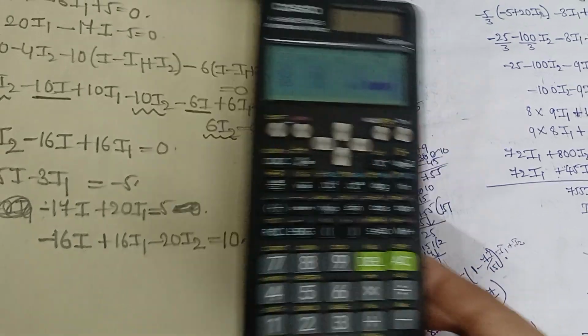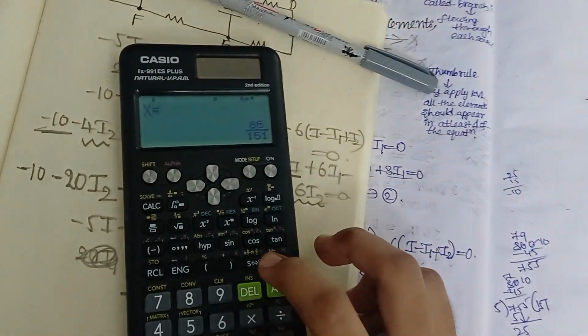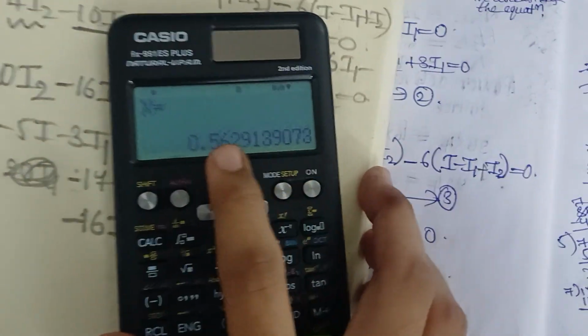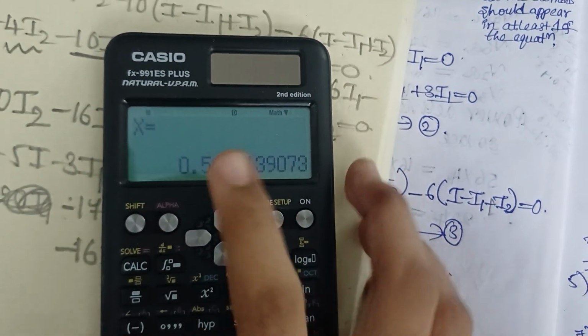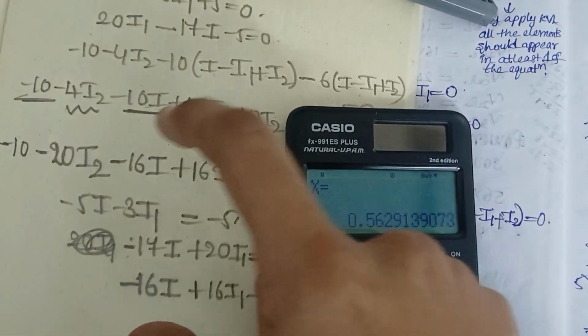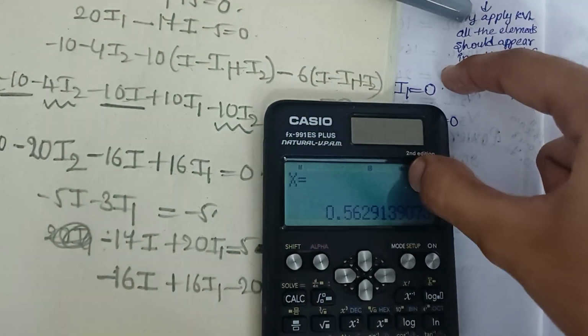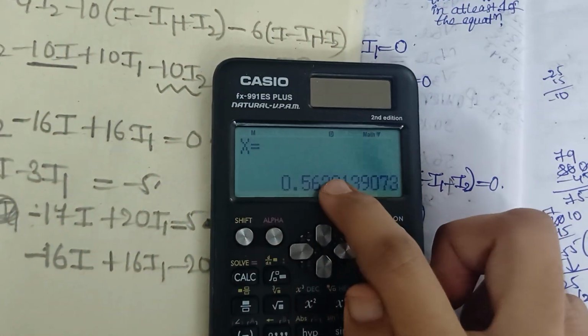And the moment you click equal to, oh my god, here you get the value of x, which is 0.562. That means, as the equation is in the form we have taken as I, I1, I2, the first value is your I, so I is equal to 0.562. This is what we got.